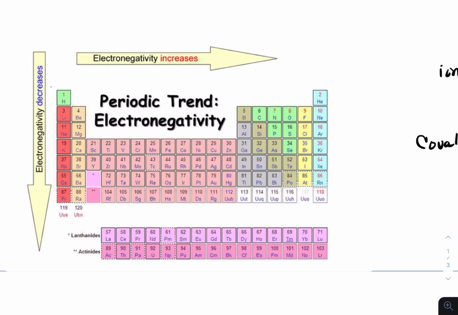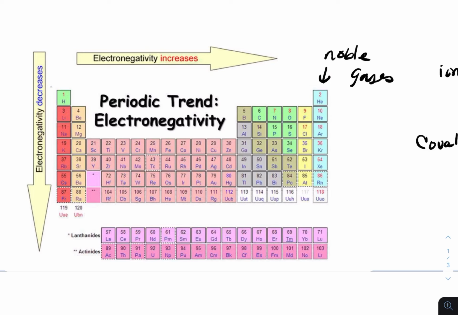So really, the most electronegative atom in the periodic table is fluorine, right? We don't really talk about noble gases when we're talking about electronegativity, because they have a full octet. So fluorine, being a halogen, is the most electronegative atom.